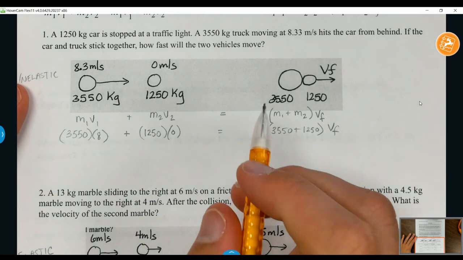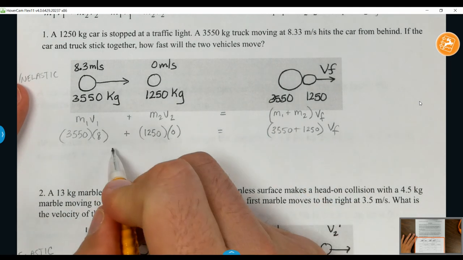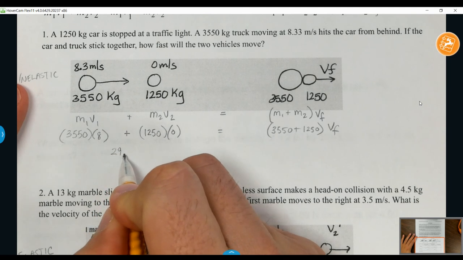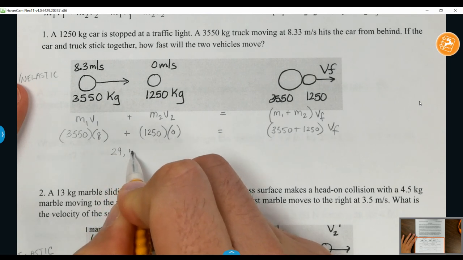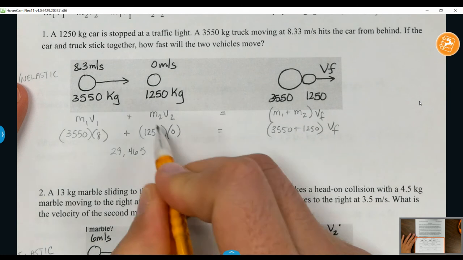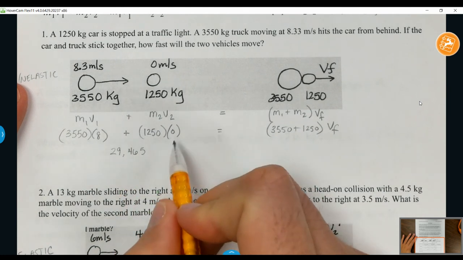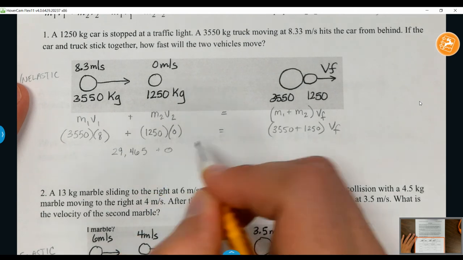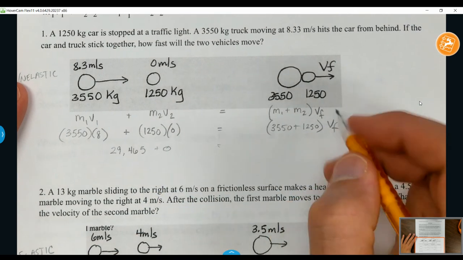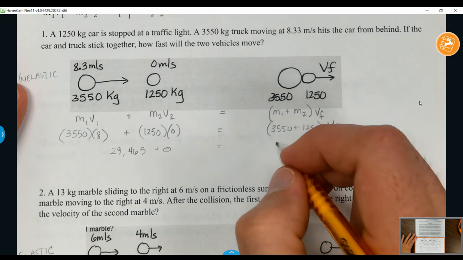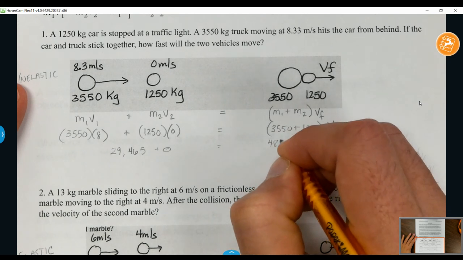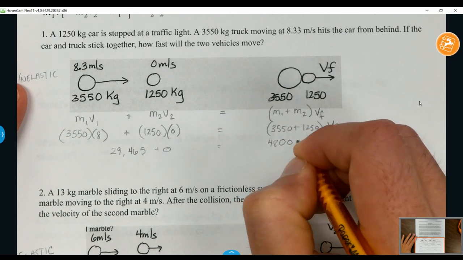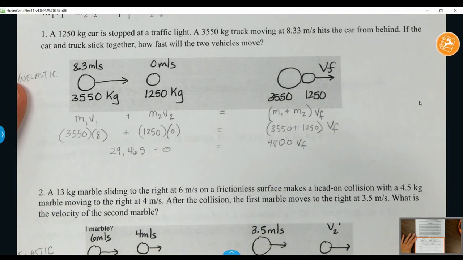These two guys multiplied together are going to give me 29,000.465 plus anything times 0 is 0. Adding these two dudes together, I get 4,800 VF.